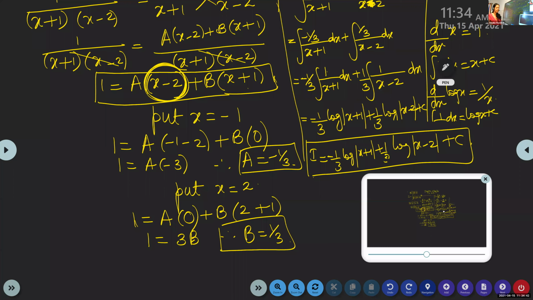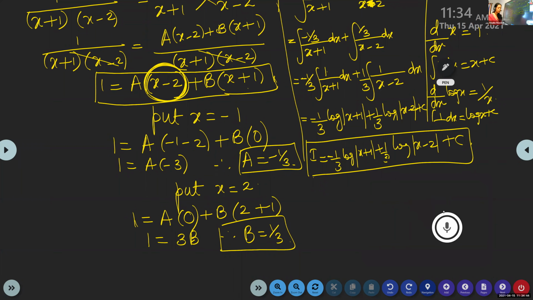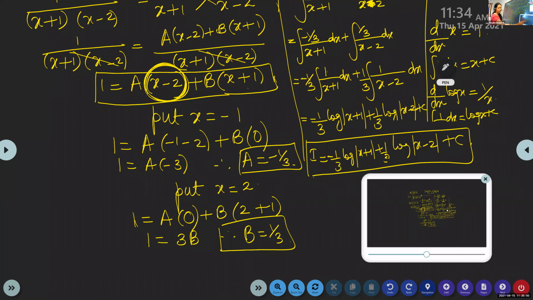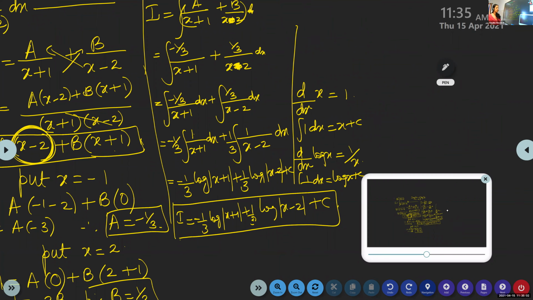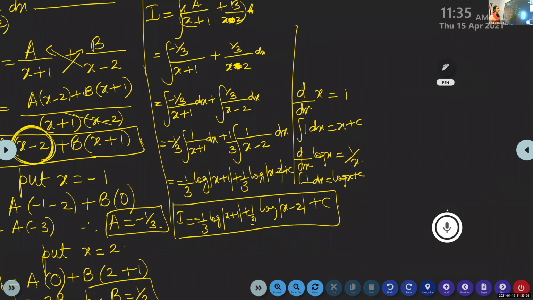Tomlin, any doubt? No. Up to this part, you copied, children, are finding A and B? Yes. After finding A and B, substitute in the given rational function. We divide it into two parts and then we integrate.